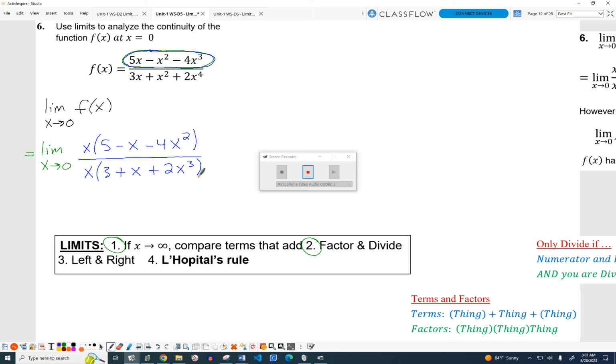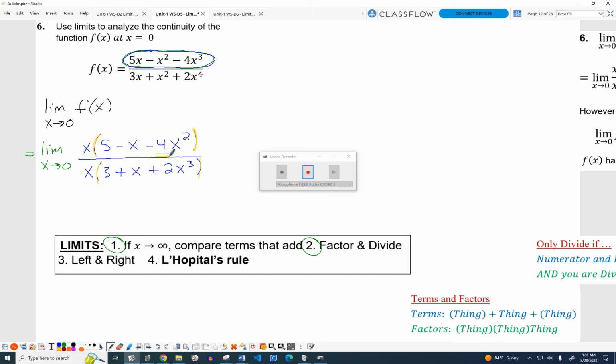Yep. Perfect. Okay, here's a trap they're trying to set for you. Don't get so stuck on the idea that you need to factor that you just jump right in and try to factor this. That at a glance is harder to factor because of the negative, because of the 4. So I didn't think to factor right away.